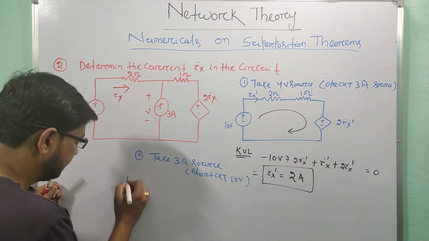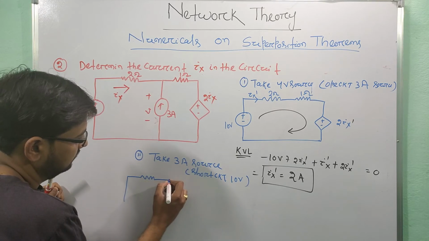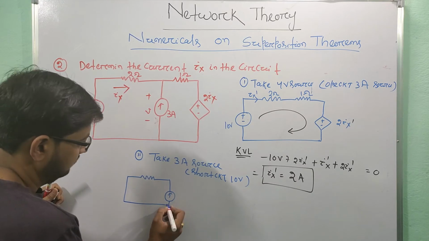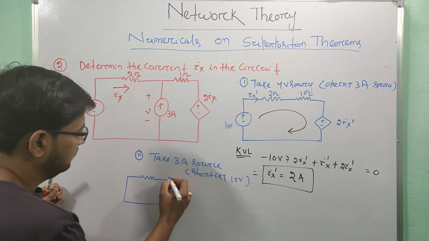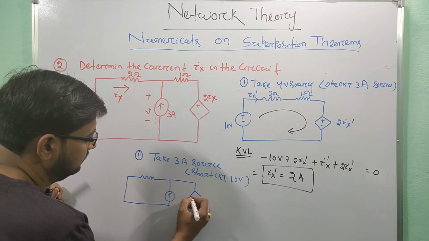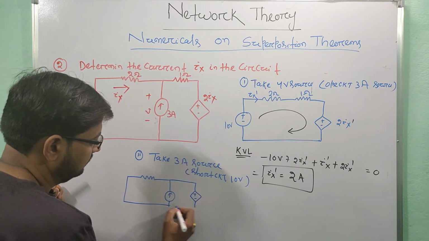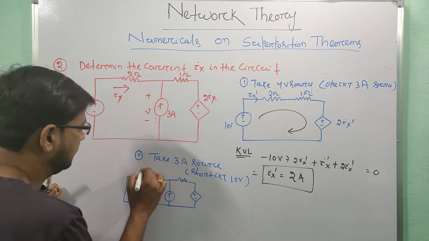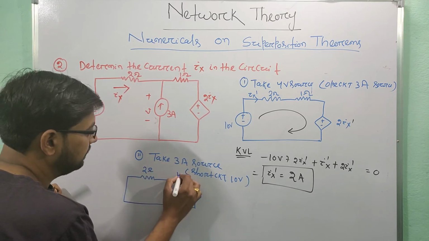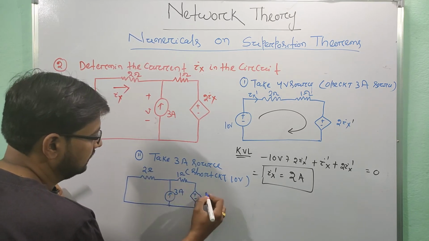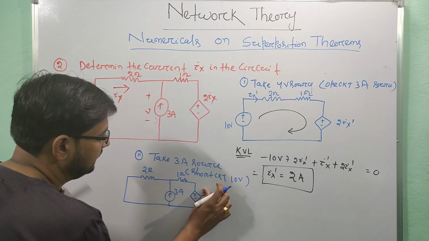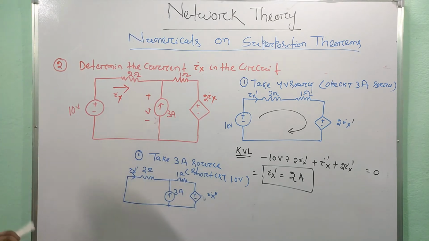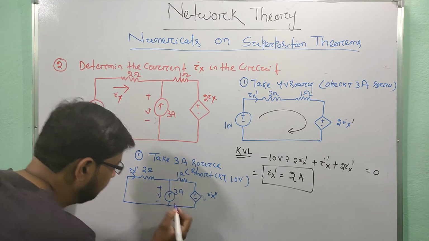My circuit becomes: this is my 2 ohm, this is your 1 ohm, this is 3 ampere, and this is my Ix double dash, and this is your voltage V.